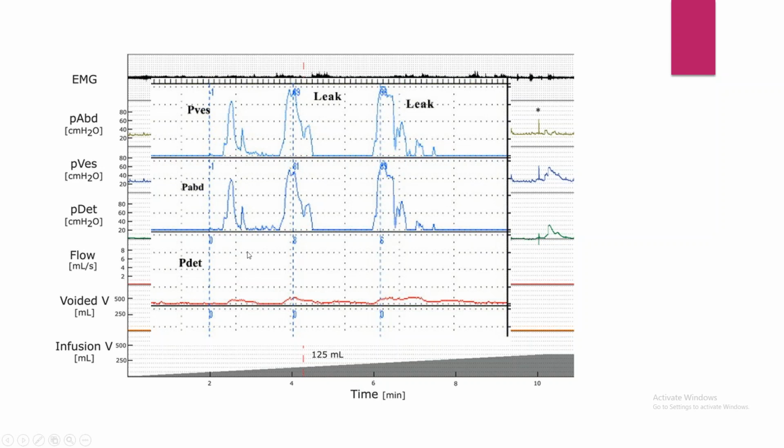Now can you see here during the cough impulse there is a rise in the vesical pressure along with a rise in abdominal pressure. Here clearly they have mentioned there is a leak. So with these two things a leak is observed. Got it?